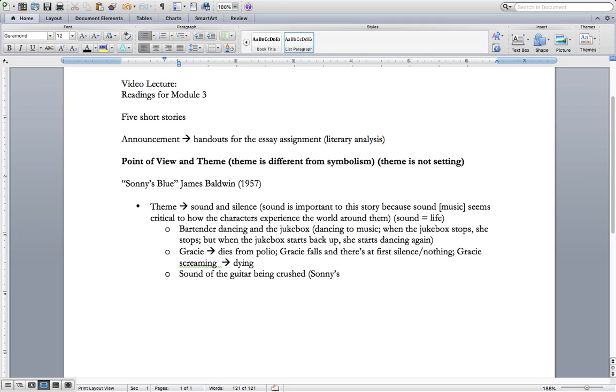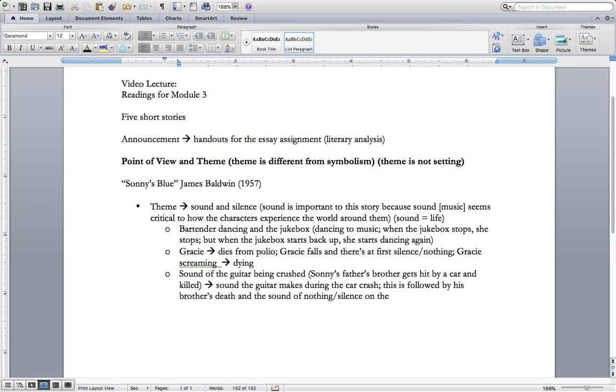Sonny's father's brother gets hit by a car and killed, and we get this description of the sound that the guitar makes during the car crash. And it can't be making very good sounds. And this is followed by his brother's death and the sound of nothing or silence on that street.